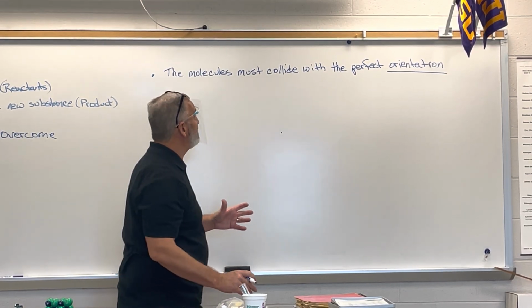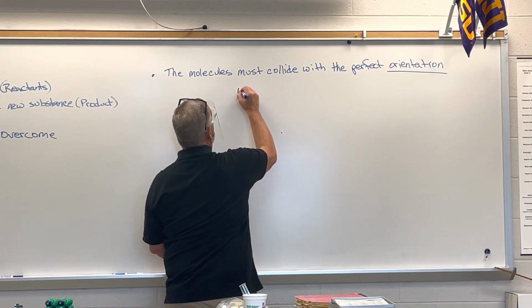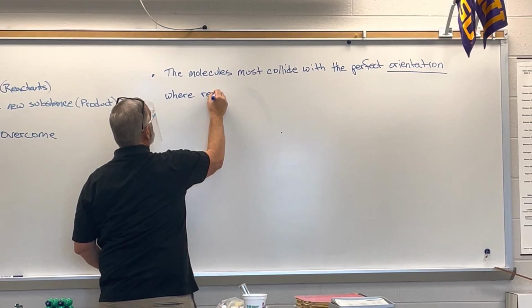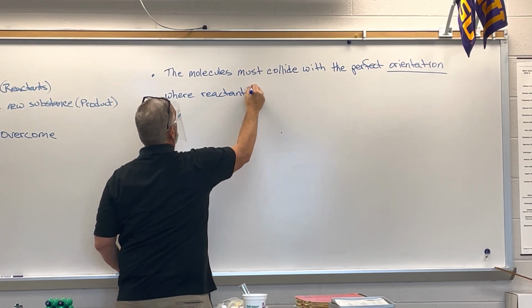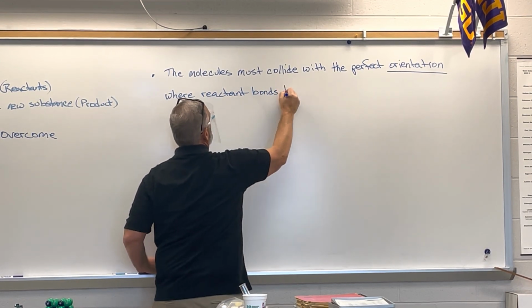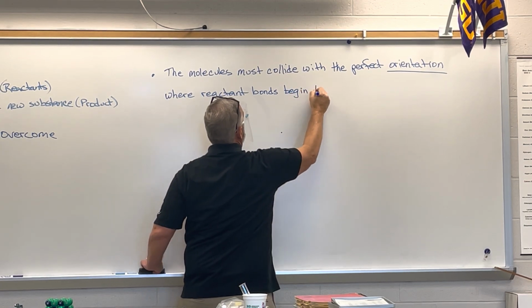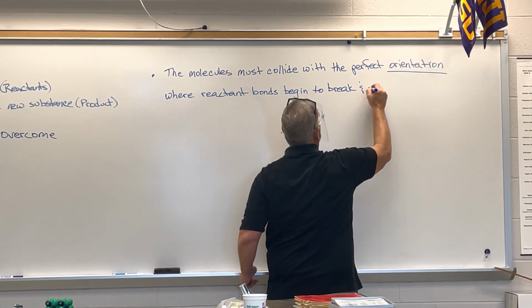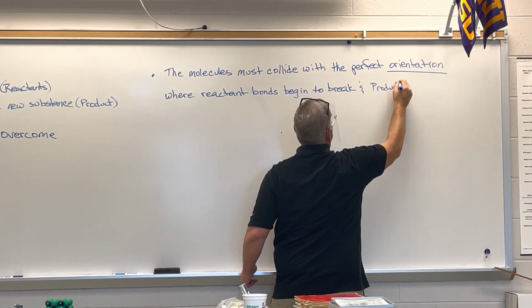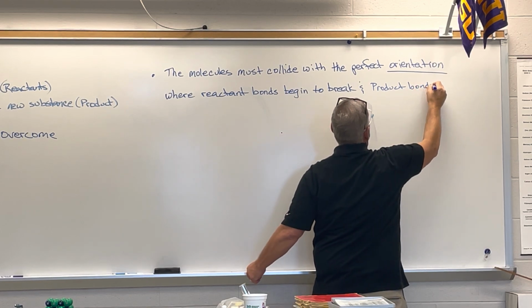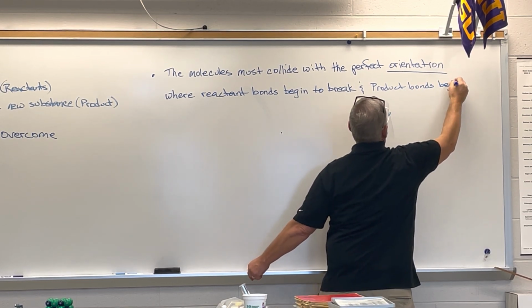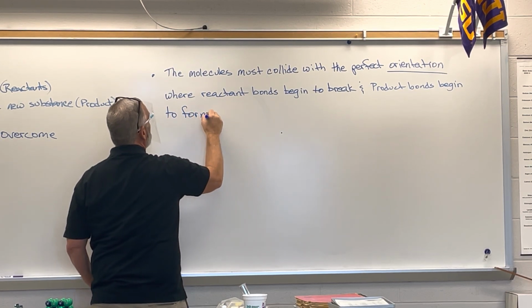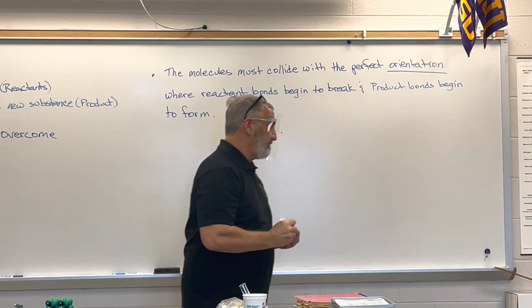You have to say the second part of this, where reactant bonds begin to break and product bonds begin to form. Okay, so there's only one way in which these things can collide.